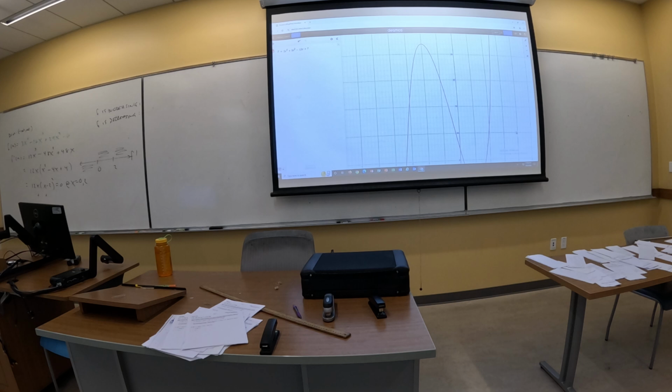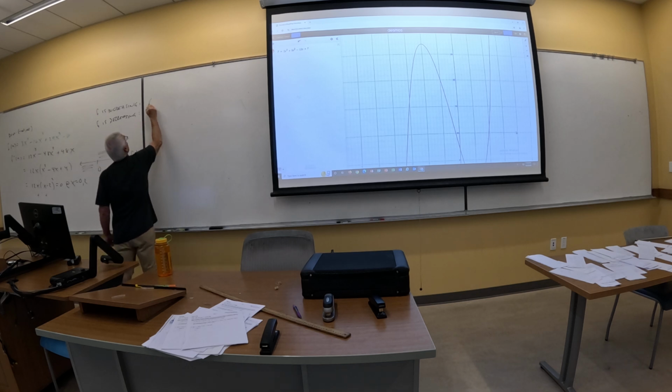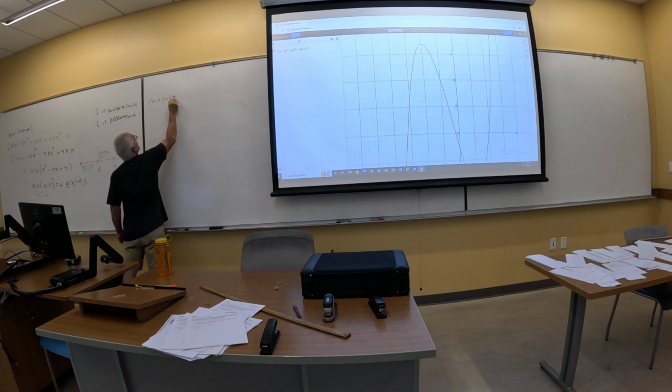Huh. How many times do I turn around? Once. It's a 4th degree polynomial, but I'm only going to turn around once. Well, that's kind of interesting. So f is decreasing, or excuse me, increasing from 0 to 2, and again from 2 to infinity.